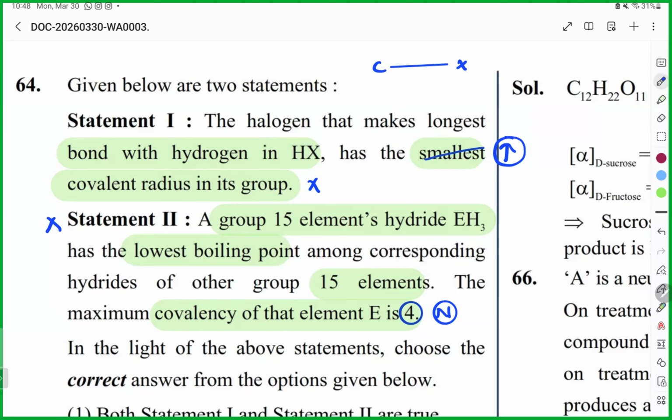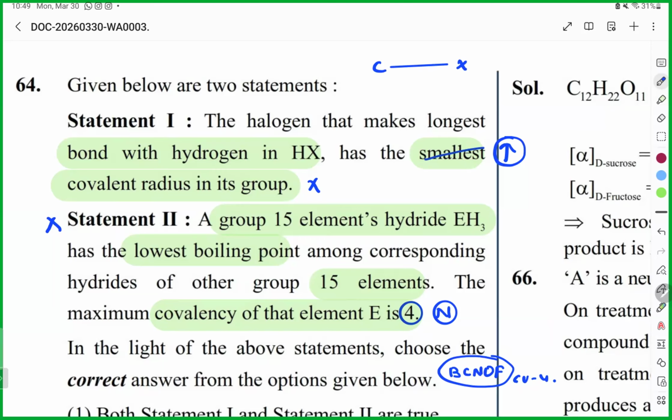Here maximum is 4. Note, all first members, whether boron, carbon, nitrogen, oxygen or fluorine, all have maximum covalency 4. Any doubt? All first members of every group have maximum covalency 4, but others can extend more, up to 6.